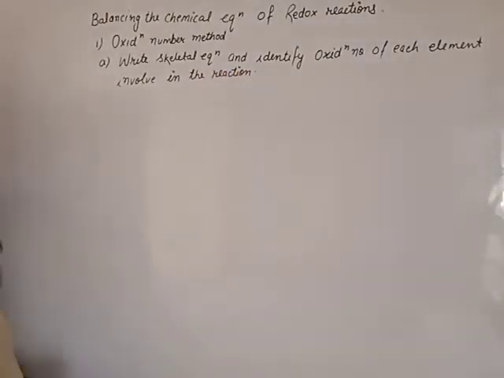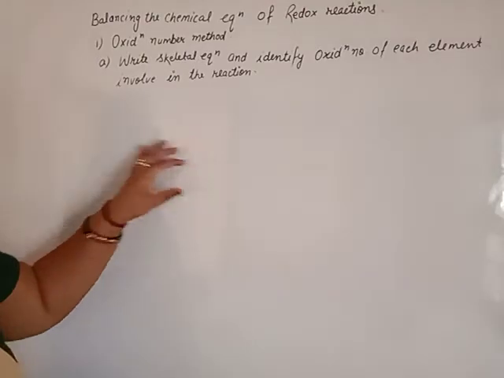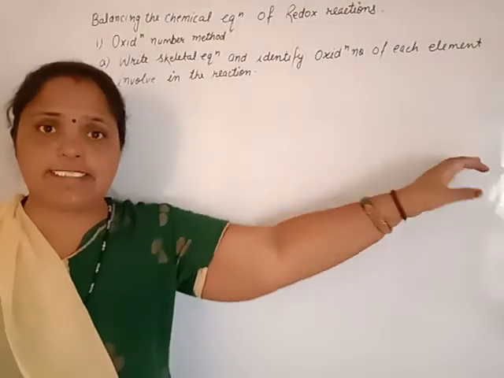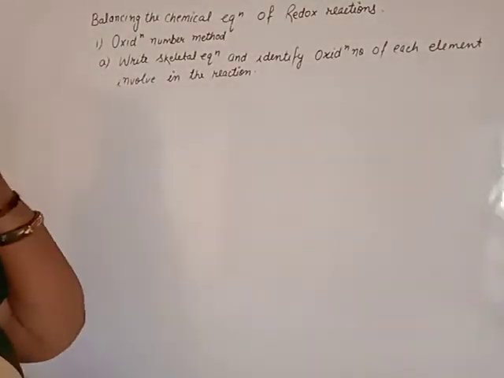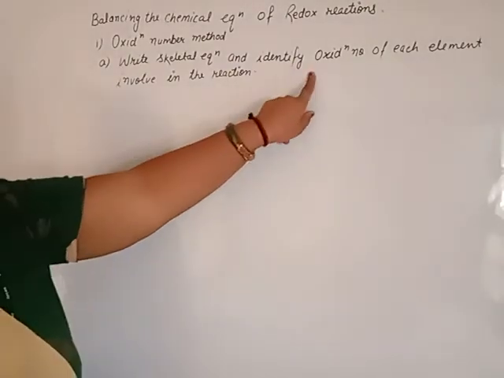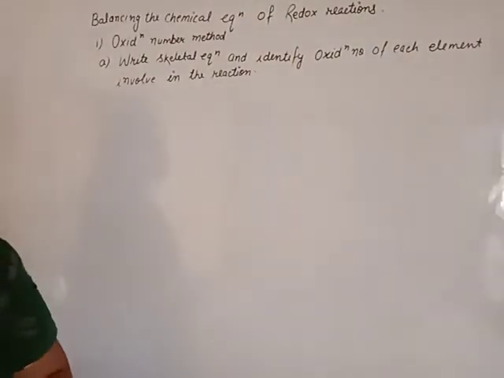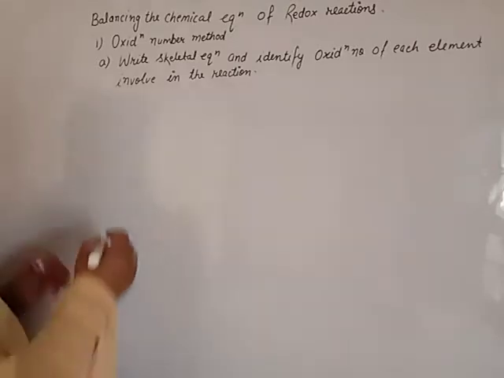Clear? First of all, reaction given to you, you must write that reaction as it is as given. Second, you will identify oxidation number of each element involved in the reaction.